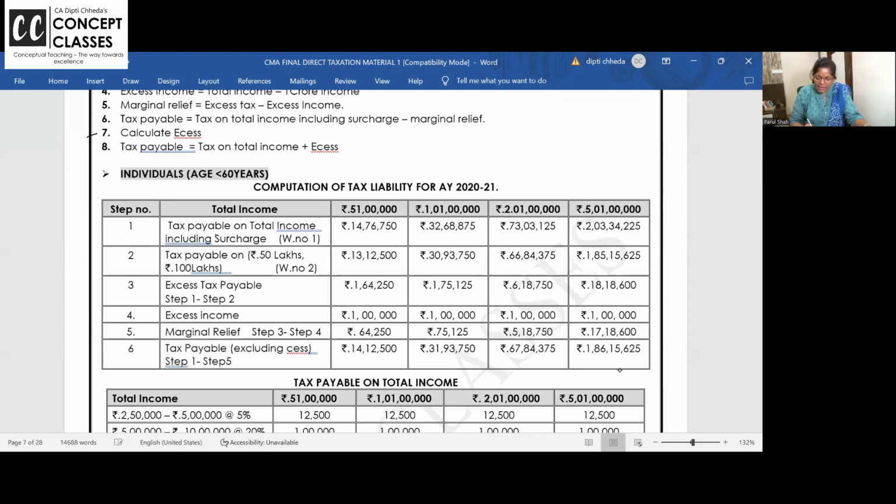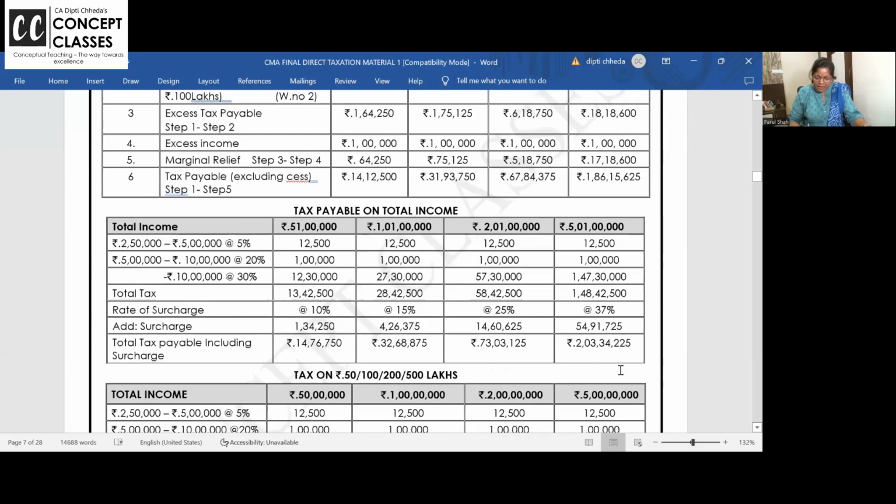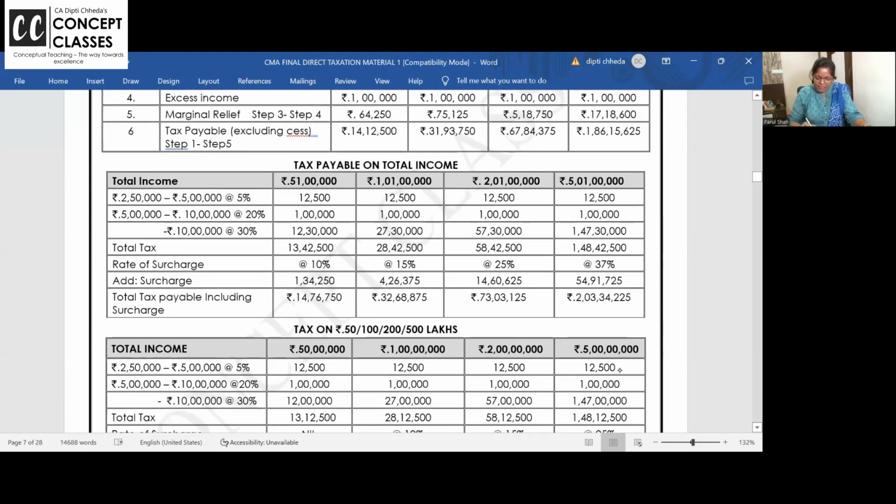If your total income is 51 lakhs, how will you pay tax on 51 lakhs? I've already printed all this here. Up to 2.5 lakh, nil. 2.5 to 5 lakh, 5%, 12,500.